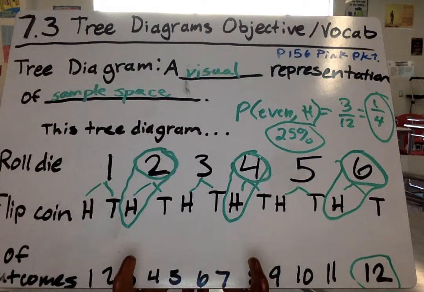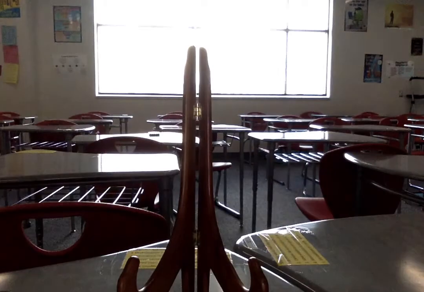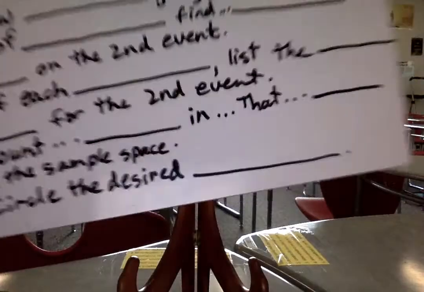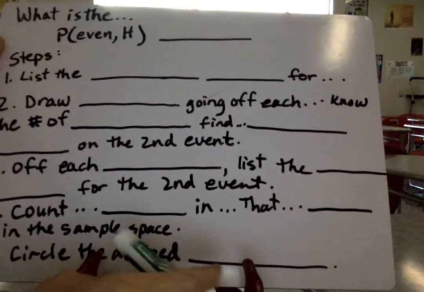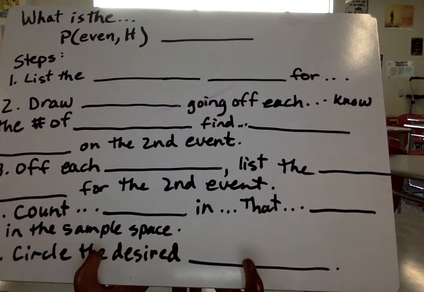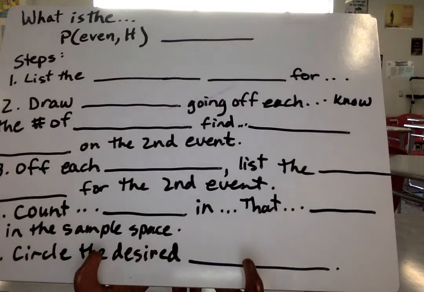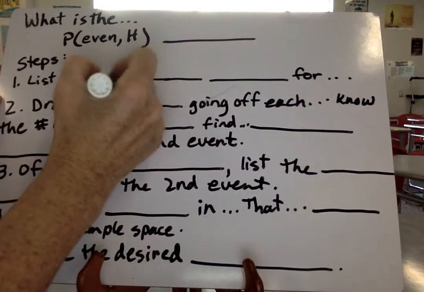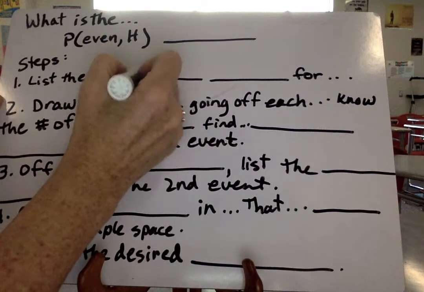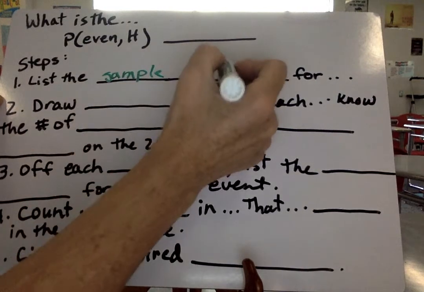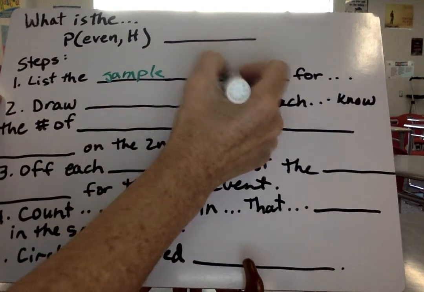All right, now we're going to go on to the steps to finding the probability of a tree diagram. First, we want to list the sample space for the first event. So you're going to write out all the possibilities for the first event.